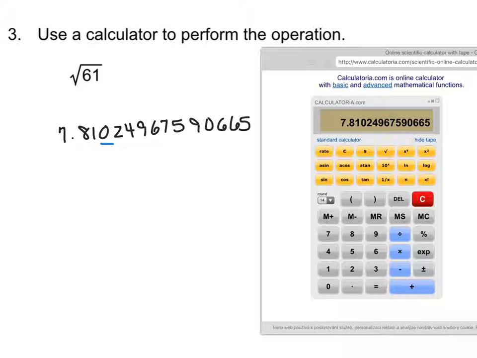This place will tell me if I'm going to round the second decimal place up or if I'm going to leave it the same. Since this 0 is less than 5, I'm going to keep the 1 as is. So when I round, my answer is approximately 7.81.